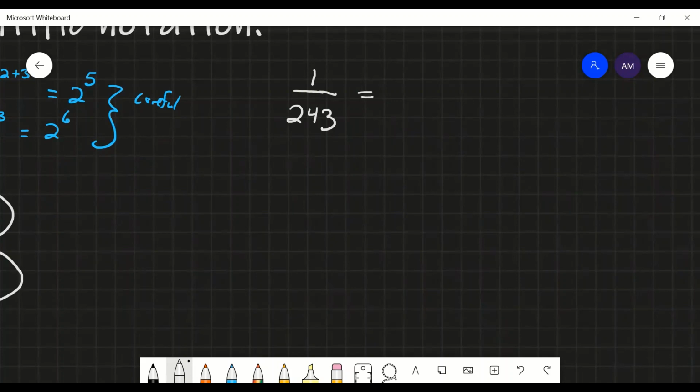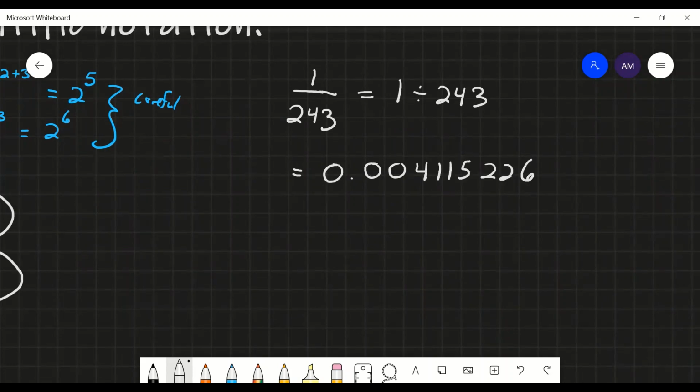Let's put that into the calculator. 1 divided by 243 is going to give you some decimal number. I'm getting 0.004115226. Now this does keep going, but my calculator stops here, so we'll say that it stops here for now.